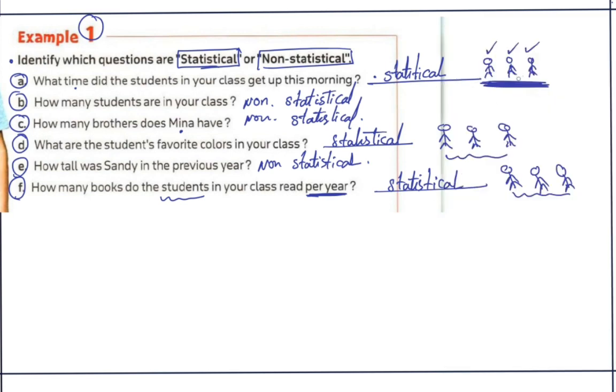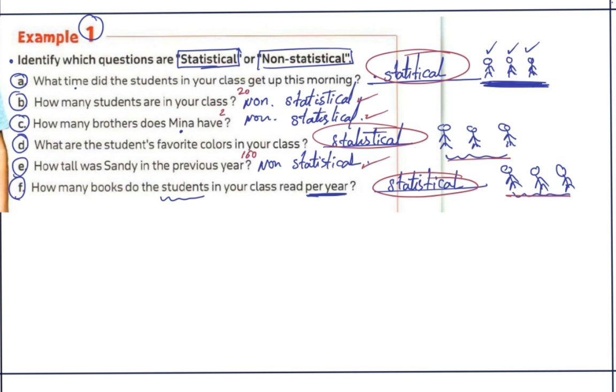Here we collect data, statistical. Here we collect data, statistical. Here we collect data, statistical. Here, how many students are in your class? Just a number, like 20. How many brothers? Just maybe 2. It's non-statistical. How tall was Sandy? Maybe 160 centimeters. It is non-statistical.